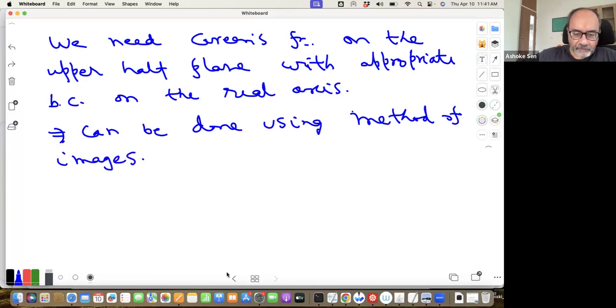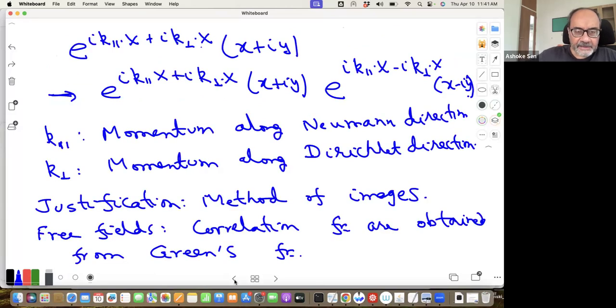Okay. So, for example, let's look at this replacement rule. Imagine that you are trying to calculate the Green's functions of the x's in the upper half plane, in the presence of operators like this.